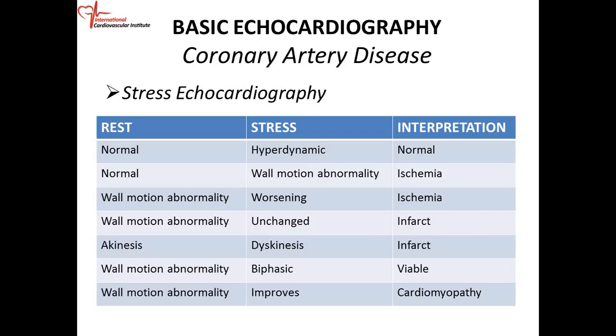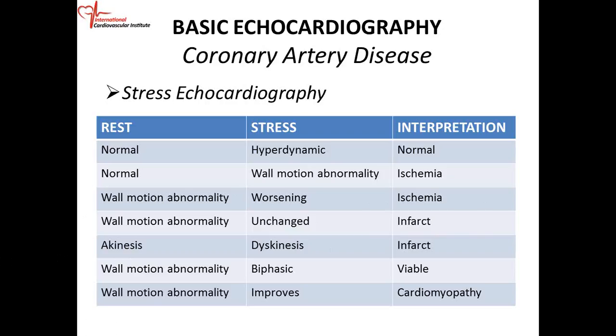So stage 1 is 5 mics, stage 2 is 10 mics, stage 3, 20, stage 4, 30, stage 5, 40. So most protocols will go up to 40 or 50 micrograms per kilogram. Okay, so most dobutamine protocols will go 40 or 50 micrograms per kilogram per minute, not more than that.